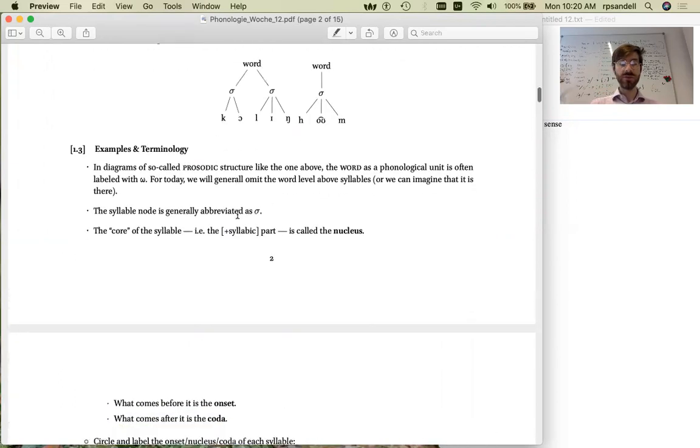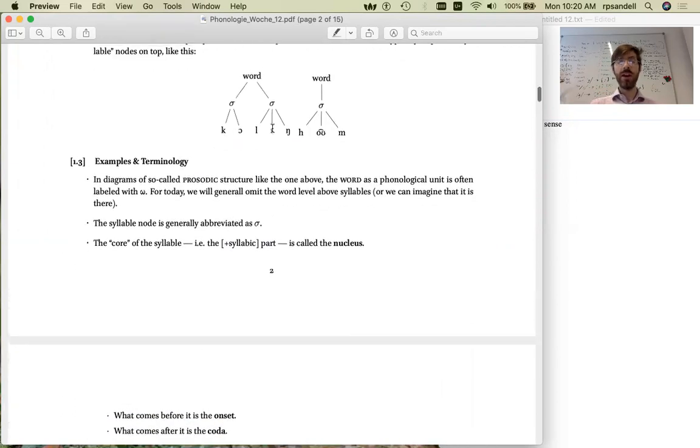So in our words here, each syllable necessarily has a nucleus, and we have 3 vowels, a, I, and o, in these English words, and each of those are plus syllabic segments, and we count those as the syllable nuclei for each of those 3 syllables.